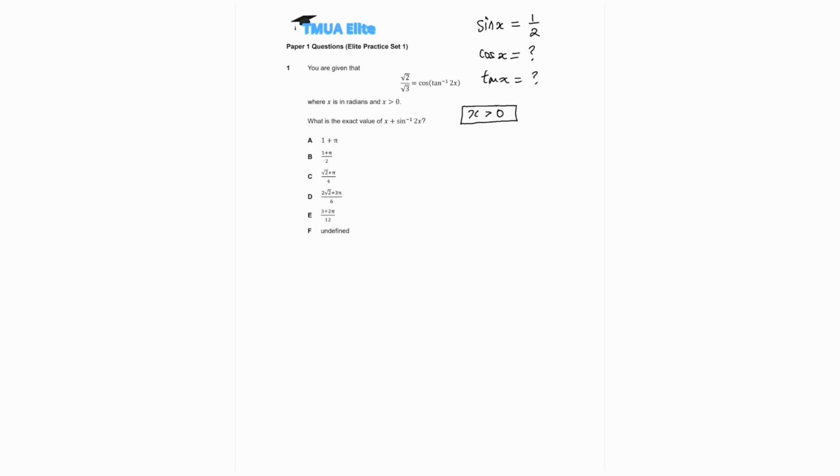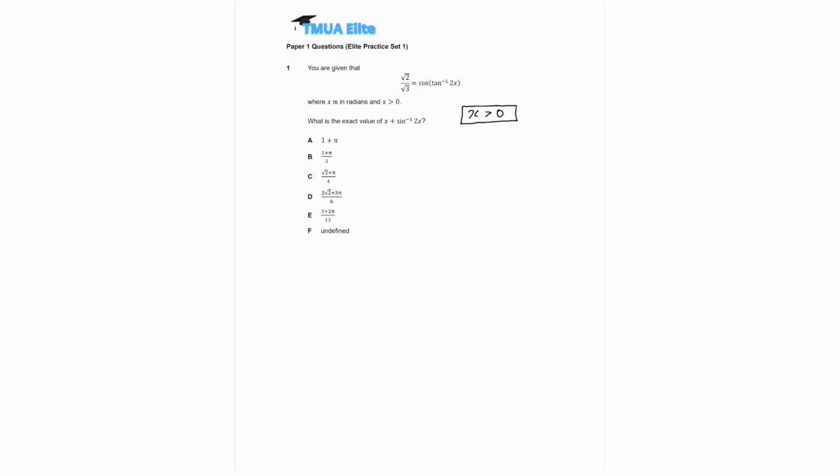To solve these questions, you normally draw a right angle triangle, and then you label the sides of what you're given. In this case, let's say x is here, and you have the opposite side being 1 and the hypotenuse being 2. Because then you can use Pythagoras to find the third side, hence finding cos x or tan x. So when you see something like this, you immediately think of right angle triangles, right? And in this case, that is going to help us.